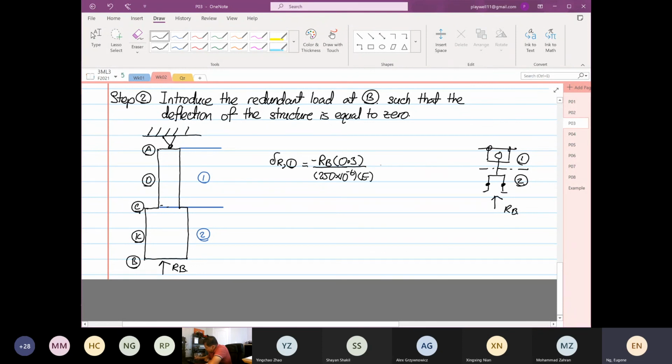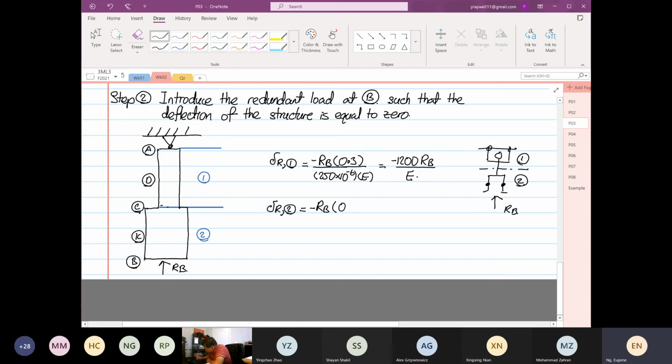And then we know that this is E. So 0.3 divided by 250 times 10 to the power minus 6 is equal to minus 1200, RB over E. Then the deflection due to the redundant load at 2 is also going to induce a compression, RB.